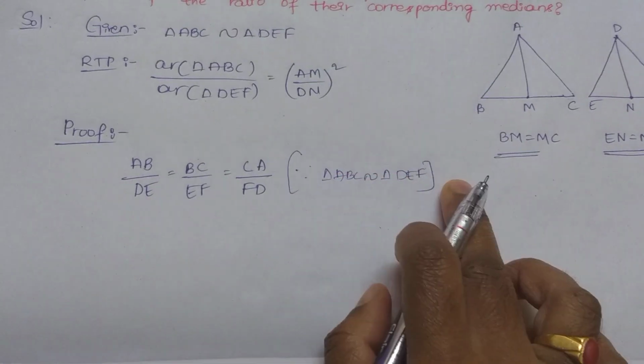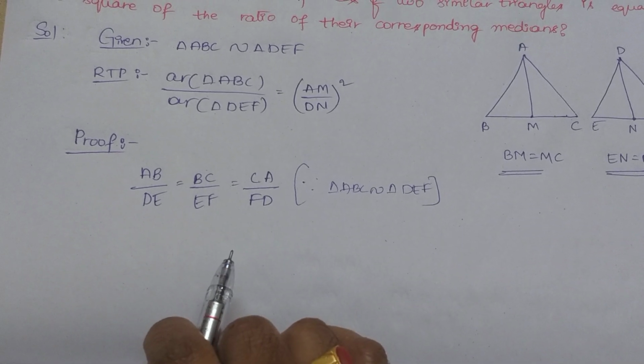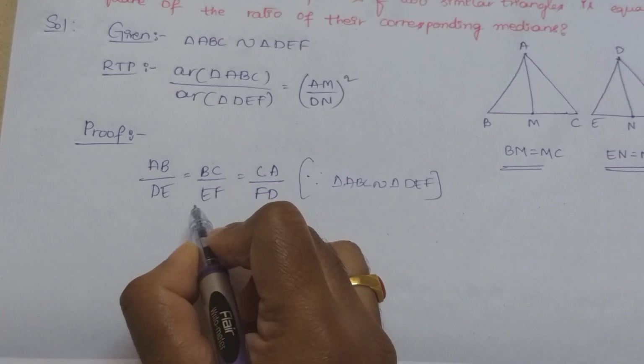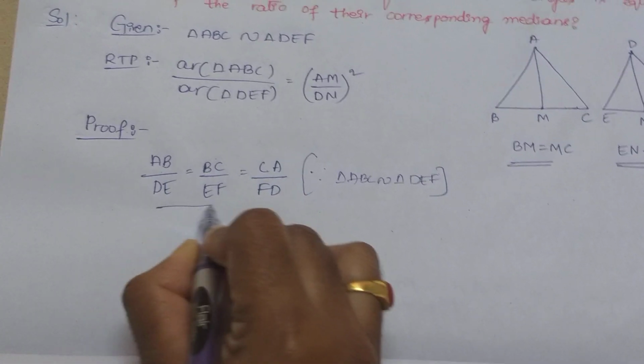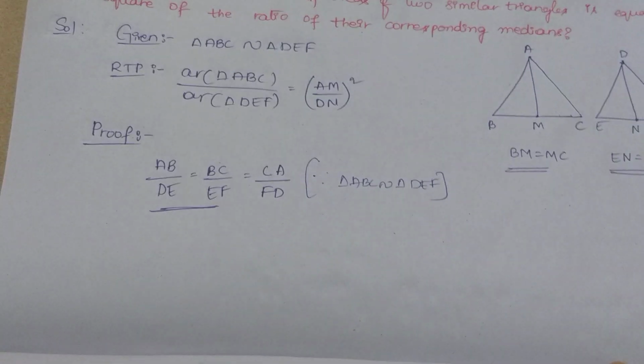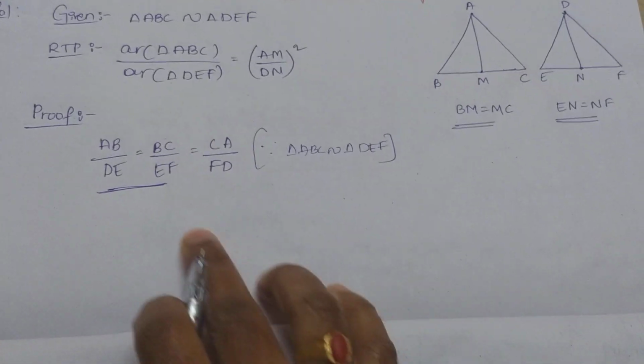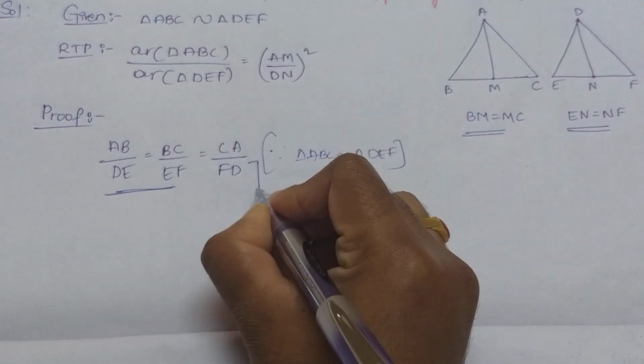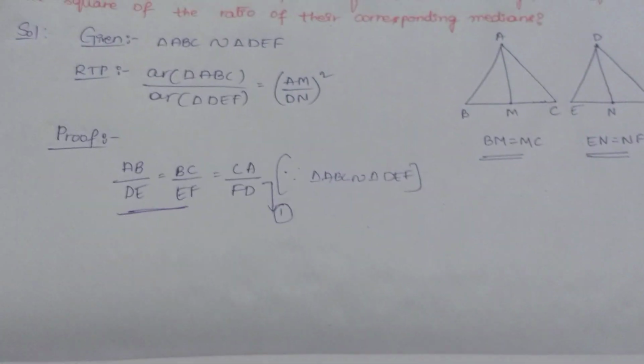If the two triangles are similar, then their sides are proportional. In the next step, I will take only these two relationships, and in future also I will take only these two. Put this as equation 1.